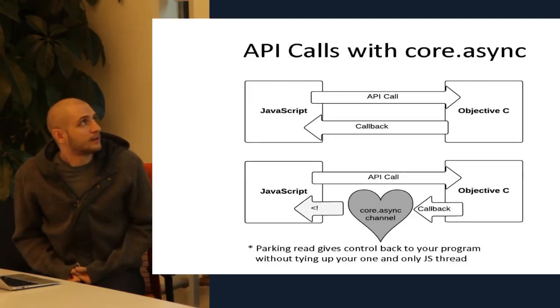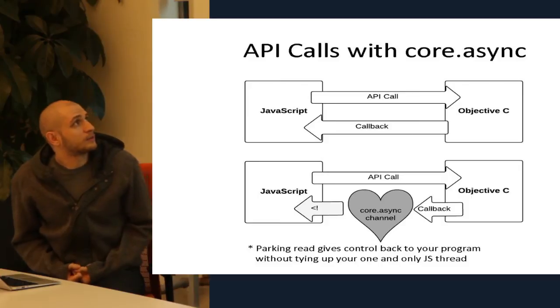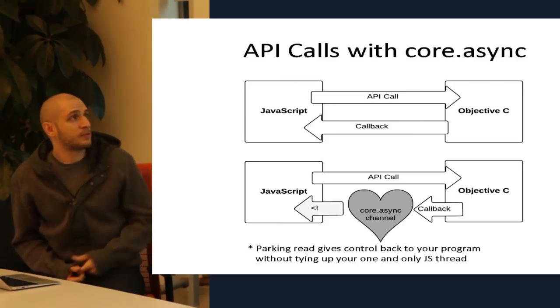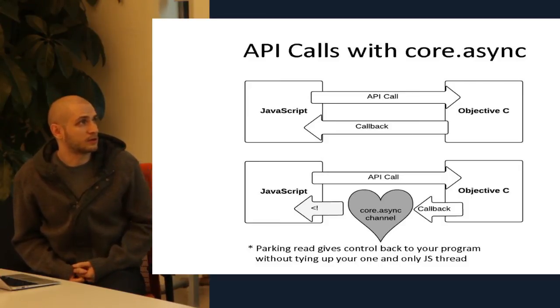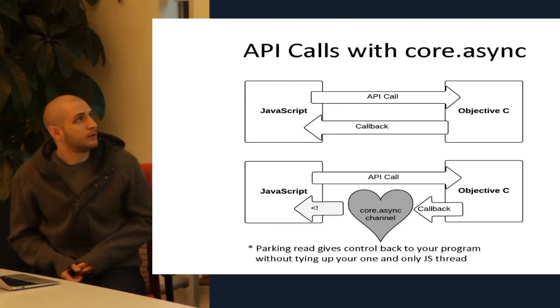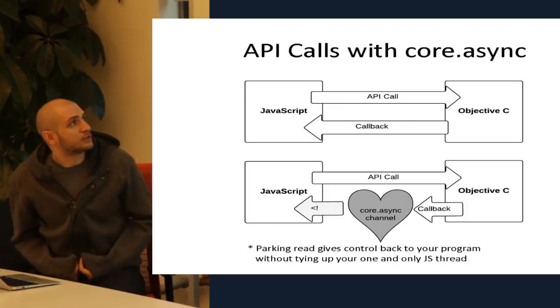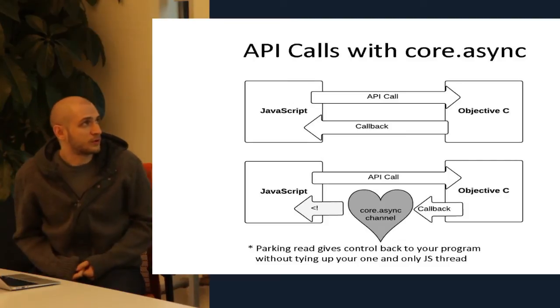So this is how I used core.async to handle API calls. If you're not familiar with core.async, this is just a very brief intro to how you would do that. On top is the regular setup: you have your API call, you get a callback, and it fires when it fires. You don't have any control over when it fires.